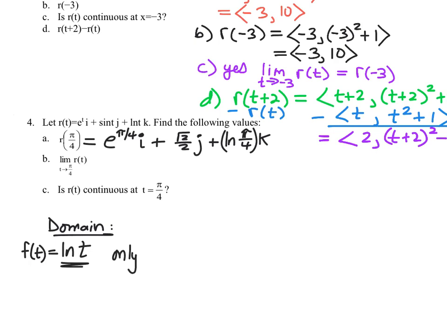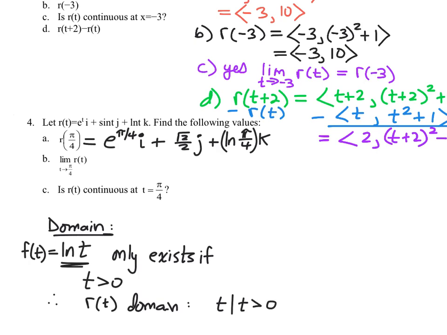Only exists if t is greater than 0. Therefore, the domain of r of t is going to be t such that t has to be greater than 0.